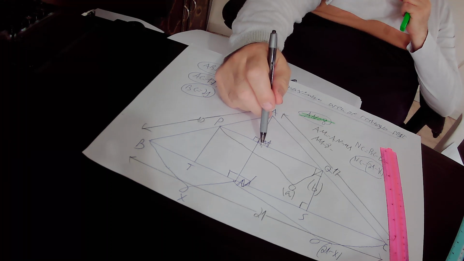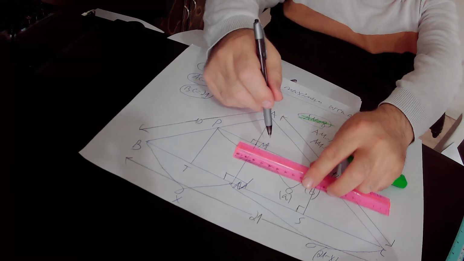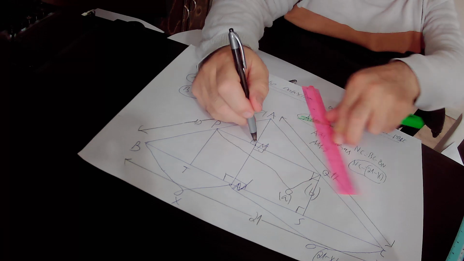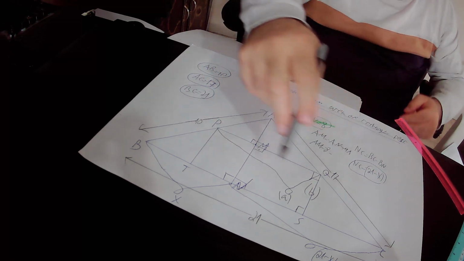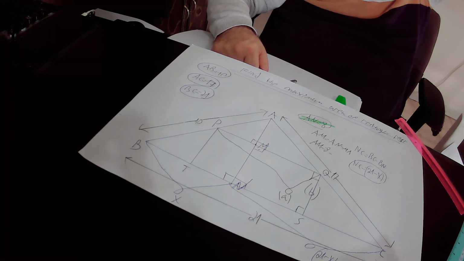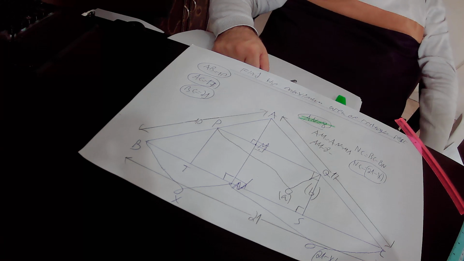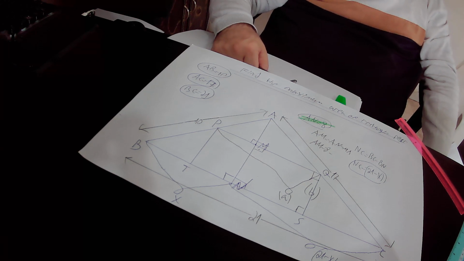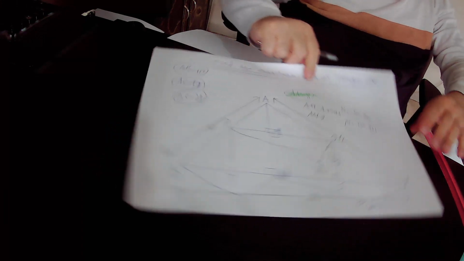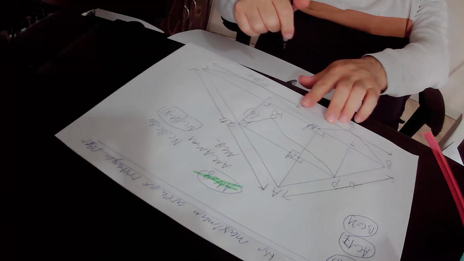Therefore, this fourth missing angle must be equal to 90 degrees. So inside the small quadrilateral MQSN, we have 4 right angles, and according to rule 6, any quadrilateral that has 4 right angles must be at least a rectangle, if not a square. So we relate to this small quadrilateral MQSN as a rectangle.